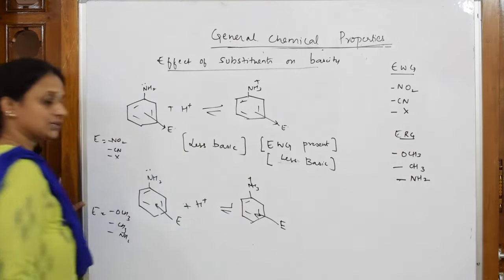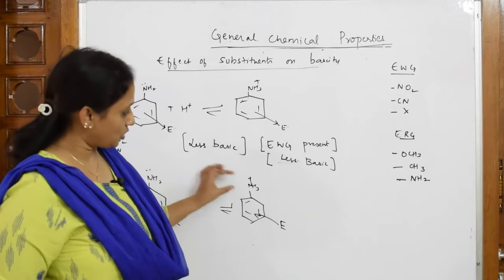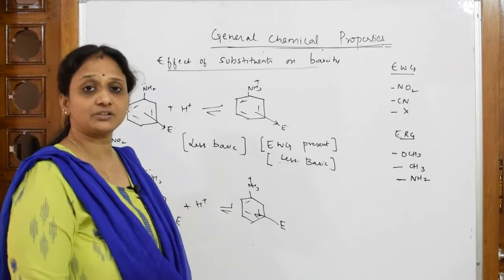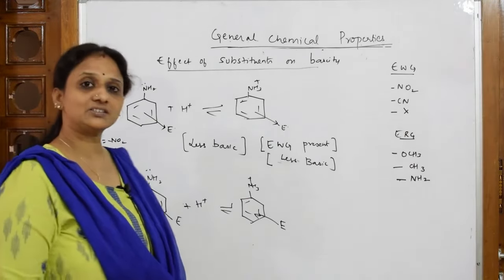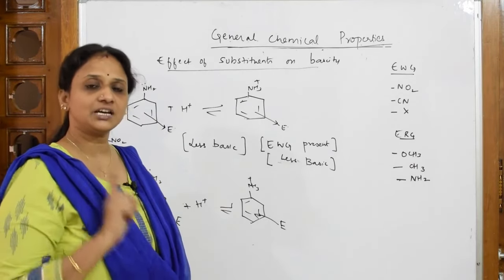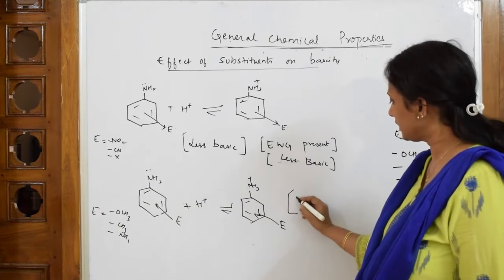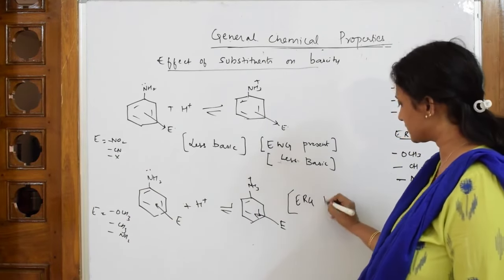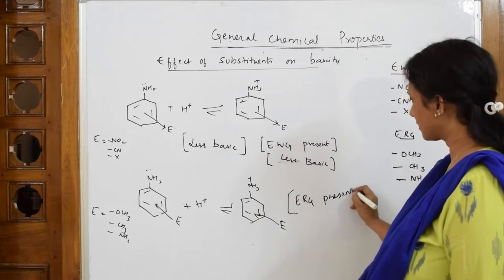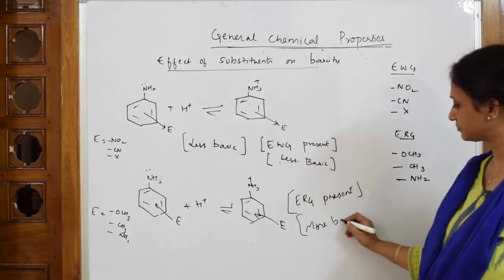When they release electrons, a lot of electron cloud increases on nitrogen. When the electron cloud increases on nitrogen, it can easily release electrons, and when it easily releases electrons, it is more basic in nature. So what can I conclude? Important: if ERG groups are present, it is more basic in nature.